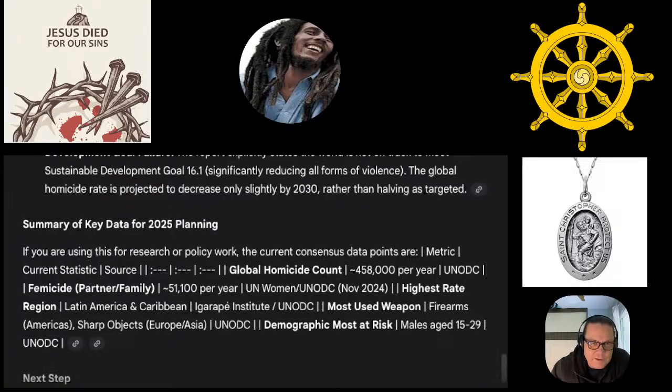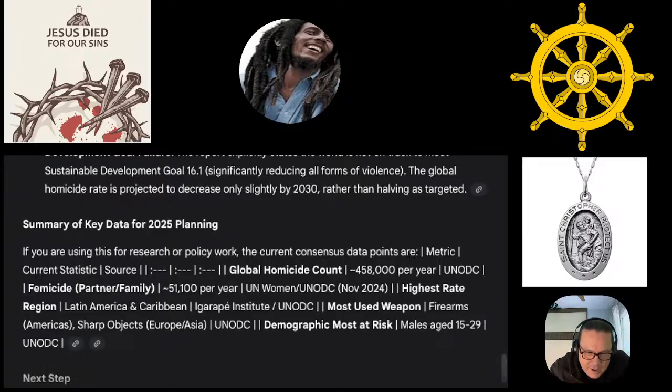So then we'll move on to the summary of key data for 2025 planning. If you are using this for research or policy work, the current consensus data points are: the global homicide count is about 458,000 per year.